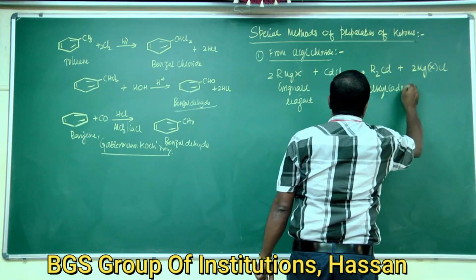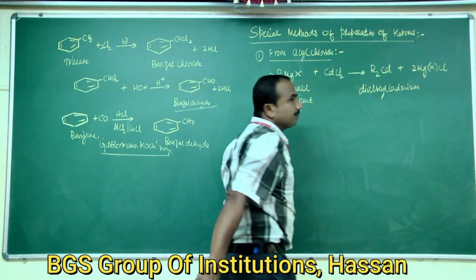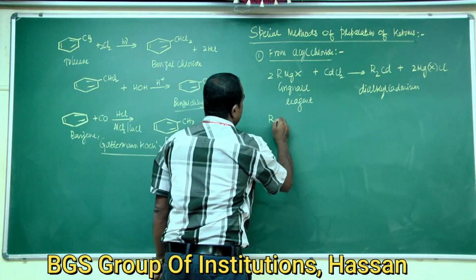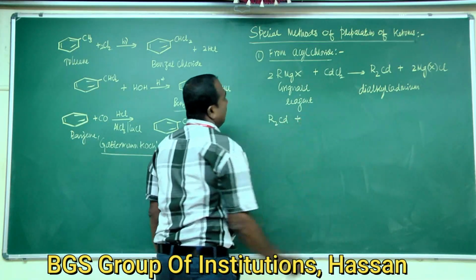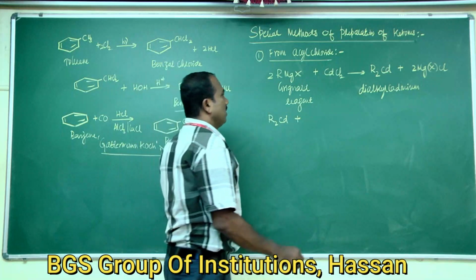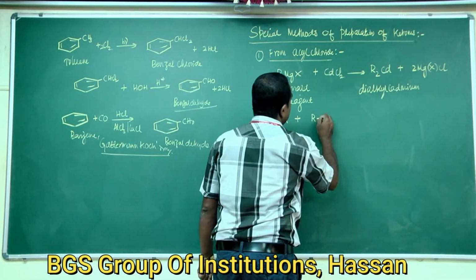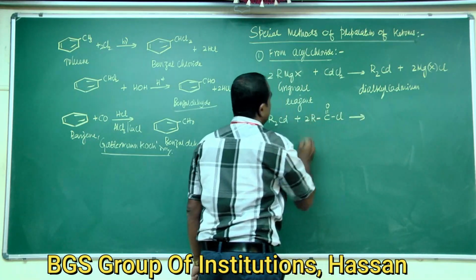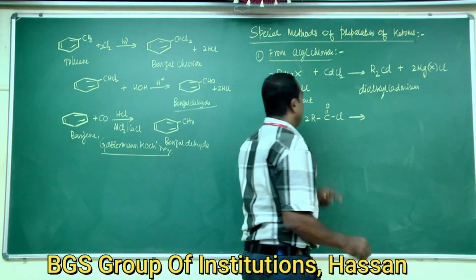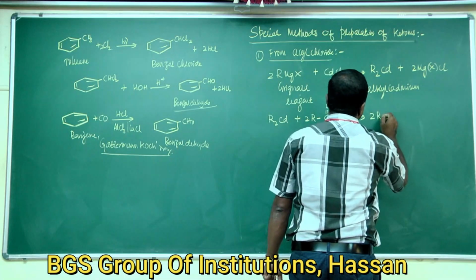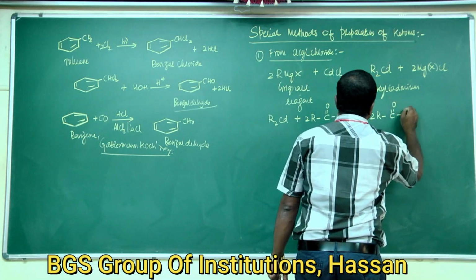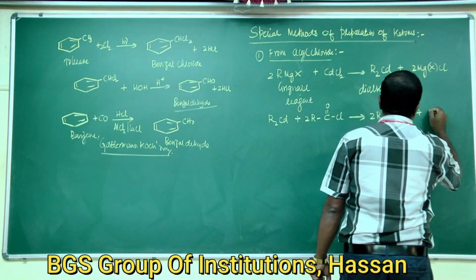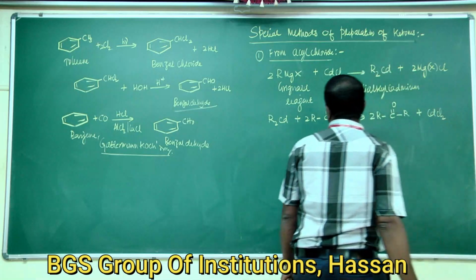So this is dialkyl cadmium. The dialkyl cadmium formed, on treating with acyl halide, that is RCOCl, gives ketones: R-C(=O)-R plus CdCl2.